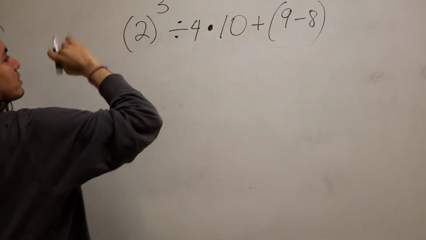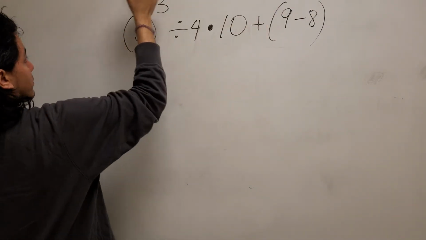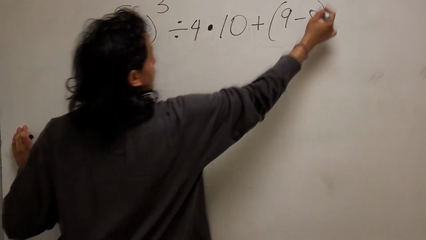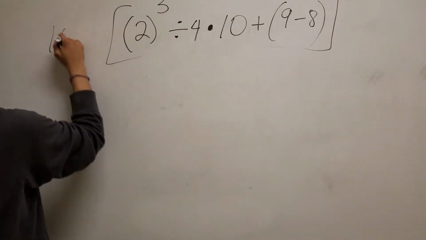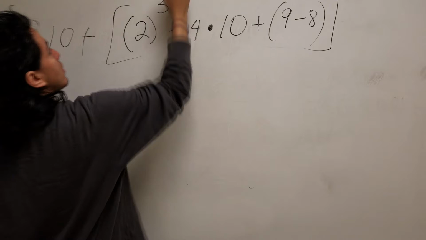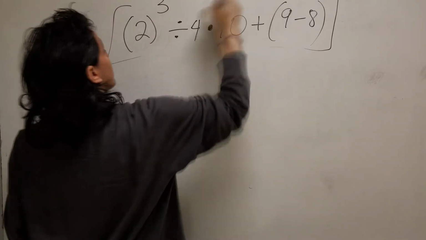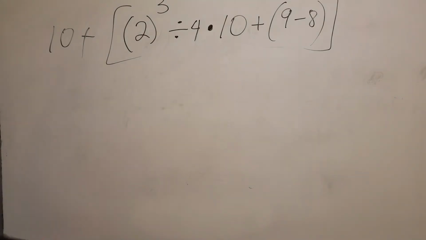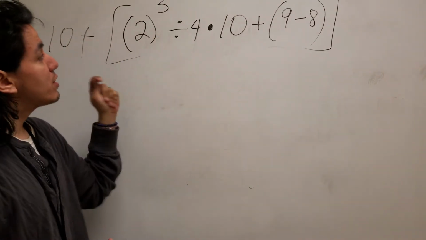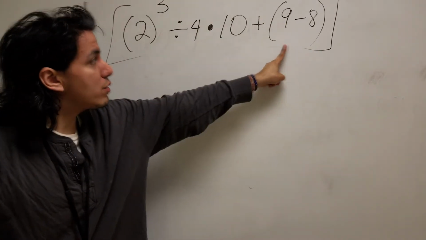Something weird like this. And just for the fun of it, plus 10. Now we can see that this problem is going to be very, very messy. This is why we're going to do the innermost parentheses first, which will be this one.